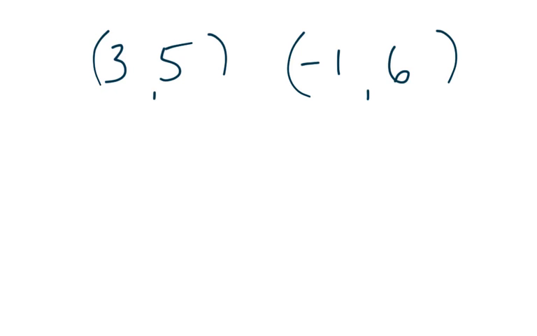The first thing that we're going to do is look at the points and remember which one's X and which one's Y. The way you can remember that is it's always alphabetical order. So X comes first, and then Y. And then we got X over here, and then Y. But they can't both be X's, and they can't both be Y's.